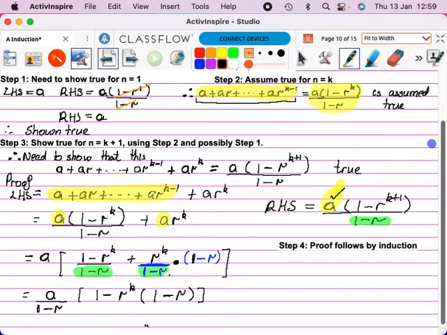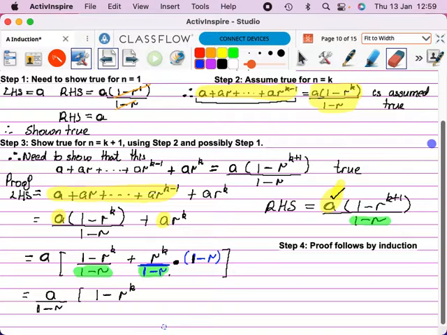So, on the next line, I've now got A over 1 minus R, open bracket, 1 minus R to... I think I've made a slight mistake. So I'm just going to have to go back and correct my mistake. I do apologize.